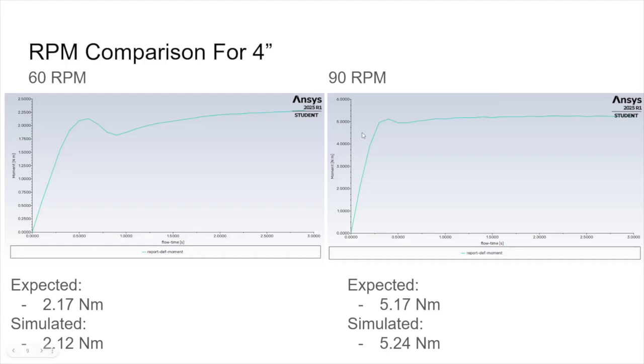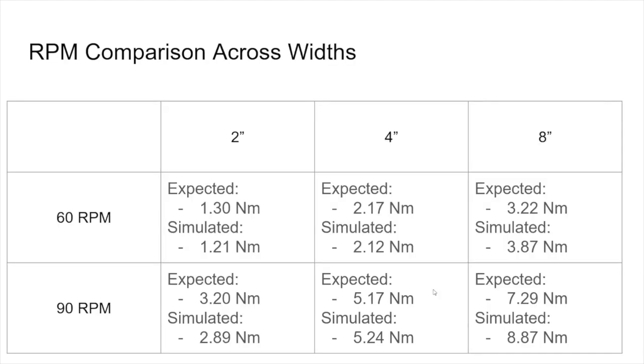Comparing the torque readings from these, we see, again, very similar results between the expected and the simulated values. Of course, it's higher on the higher RPM simulation because, again, it's moving much faster.